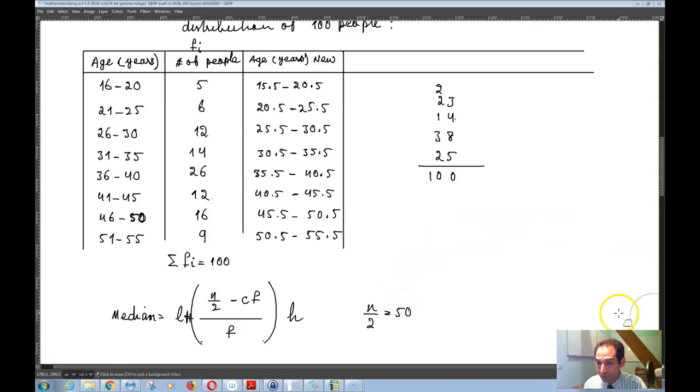Now you need to find the median class. You need to first find the cumulative frequency of these classes.